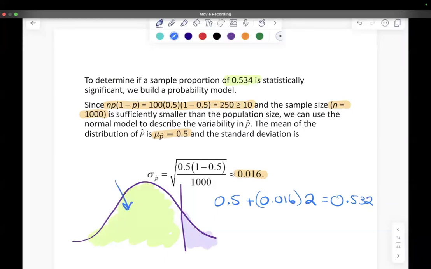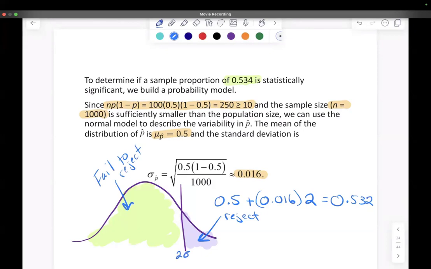This would be fail to reject. This would be reject. This right here is my 2 standard deviations away.